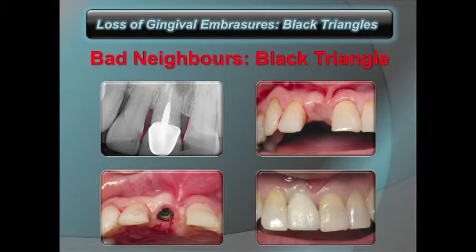Now that we talked about the single versus 2 implant replacement, you have to remember that it's not always easy restoring single implants. If you have this sort of bad neighbors adjacent to the missing tooth, of course the final result is not going to be as nice.